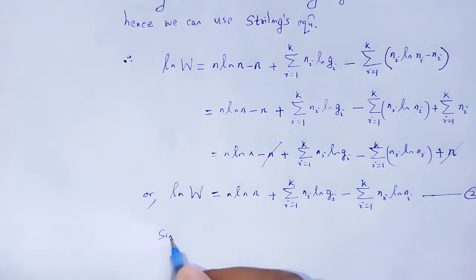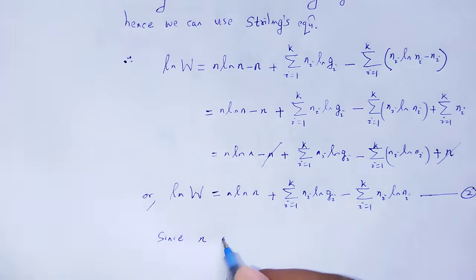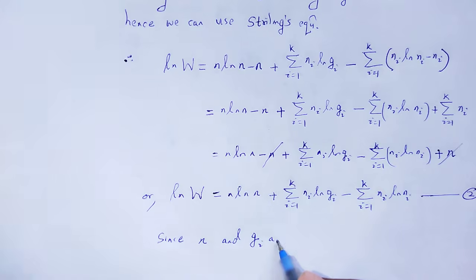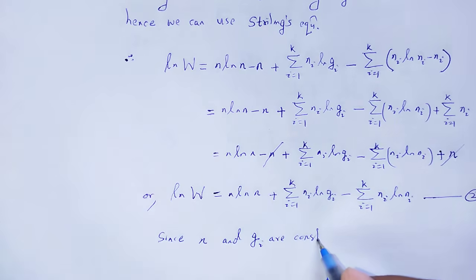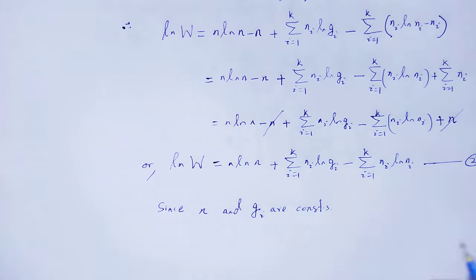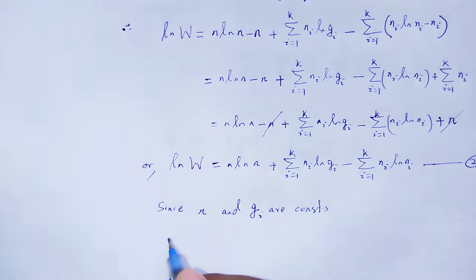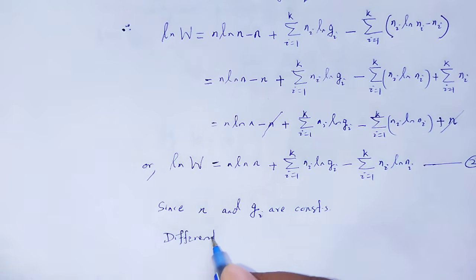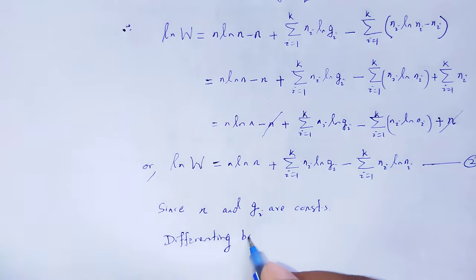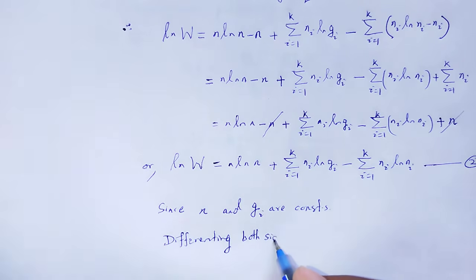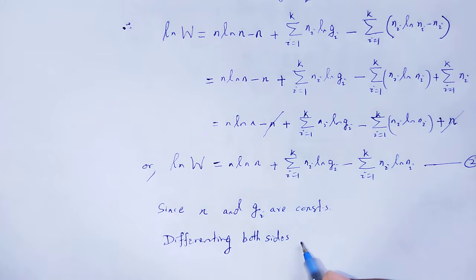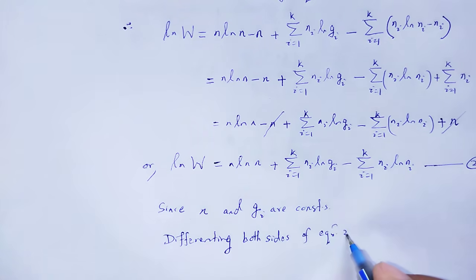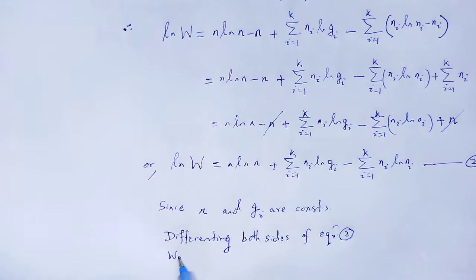Since N and Gi are constants, so now differentiating both sides of equation number 2, we get the differentiation.